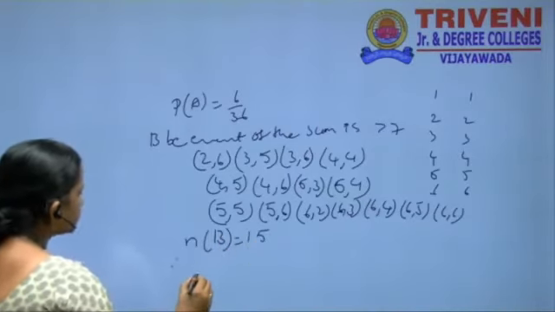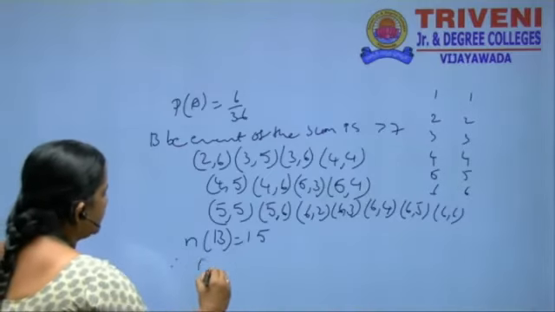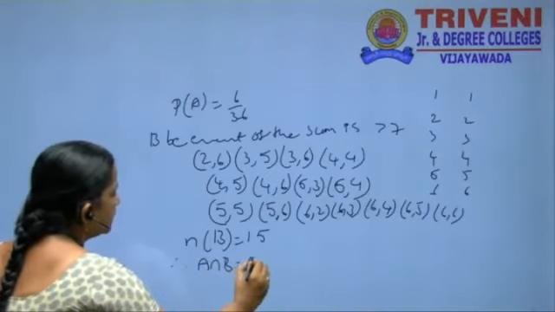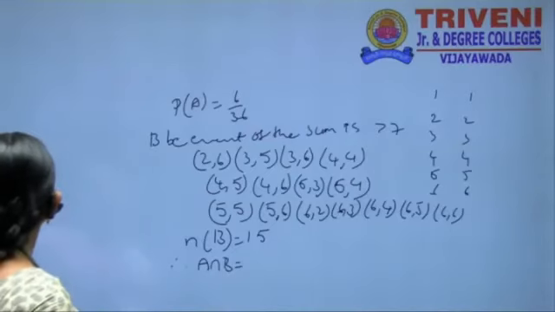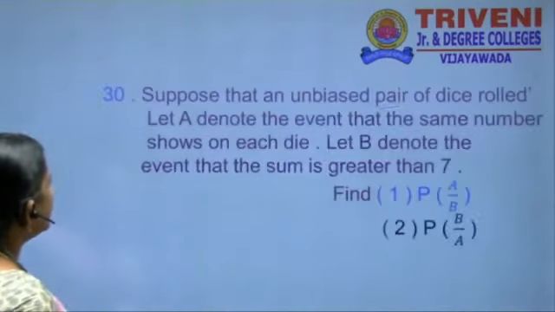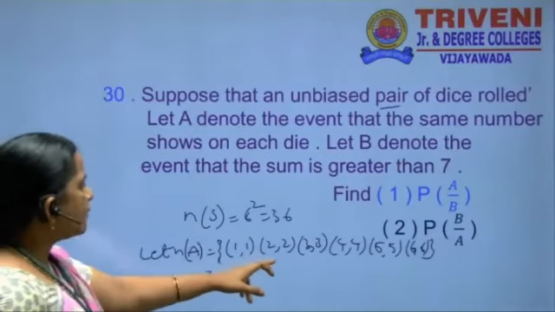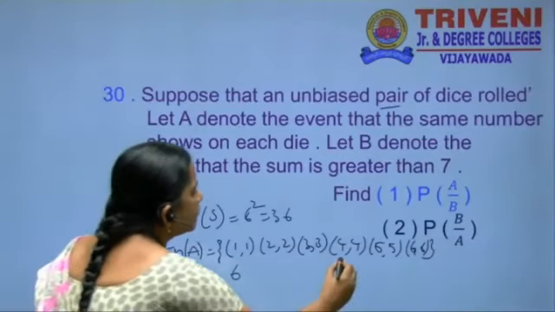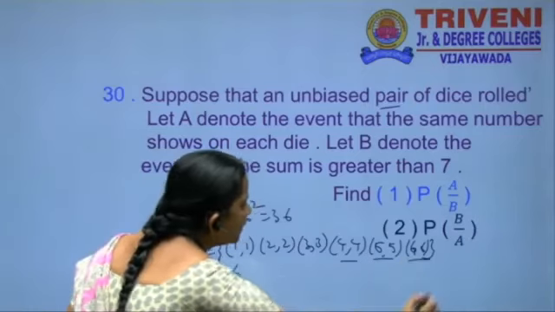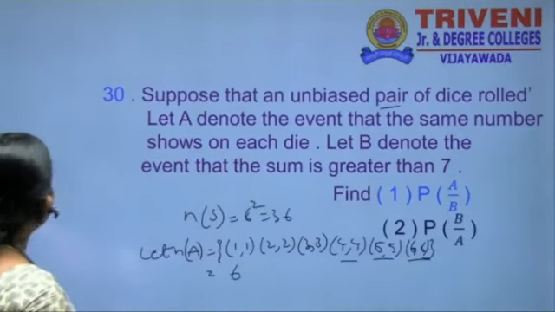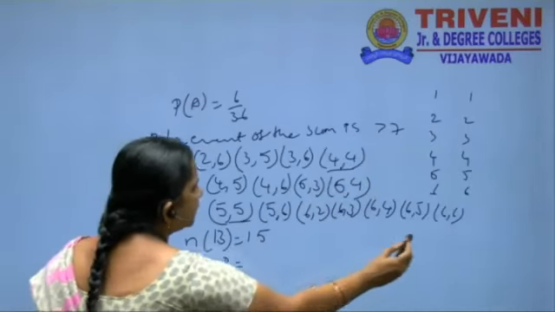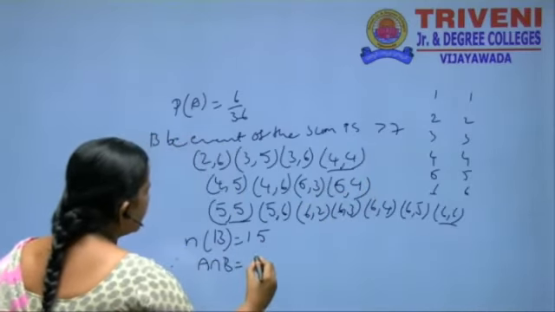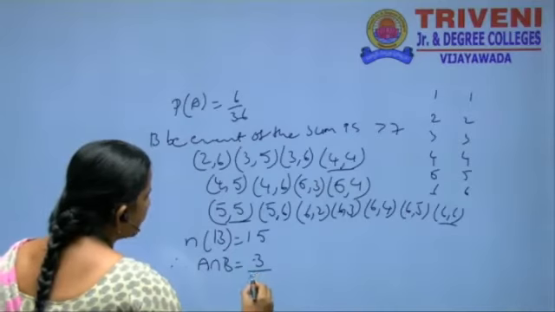Therefore, A intersection B is the event of getting both A and B. What values are common here? A has 1 comma 1, 2 comma 2, 3 comma 3, 4 comma 4, 5 comma 5 and 6 comma 6. B has the same 4 comma 4, 5 comma 5 and 6 comma 6, so that is 3 by 36.